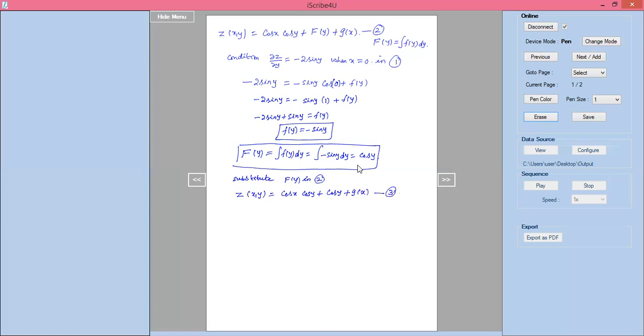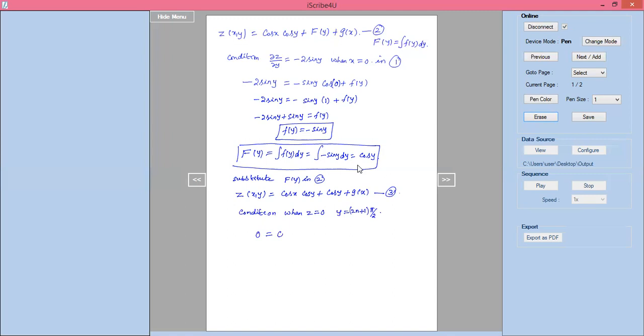Now, what is the condition? The condition is another one: when z equal to 0, y equal to 2n plus 1 pi by 2. Now z equal to 0 means left hand side should be 0.